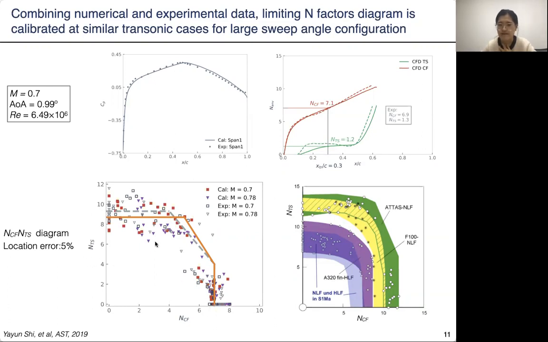And we use the calibrated N factor to simulate all of the cases. And finally, we found that 90% of the simulation results match the experimental data very well, and the transition location error is below 5%.